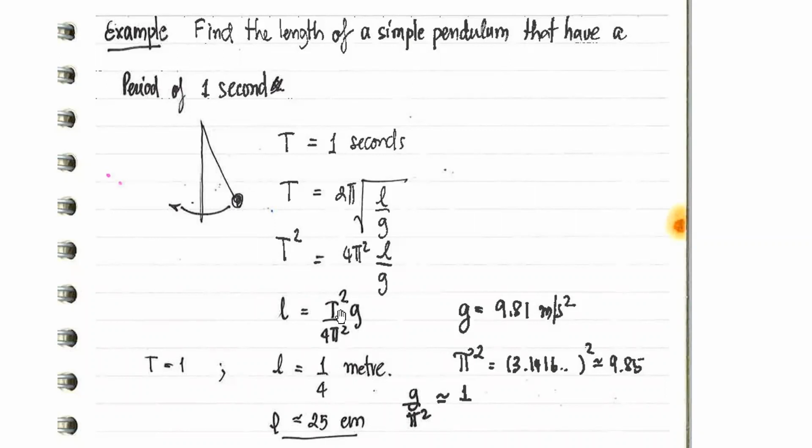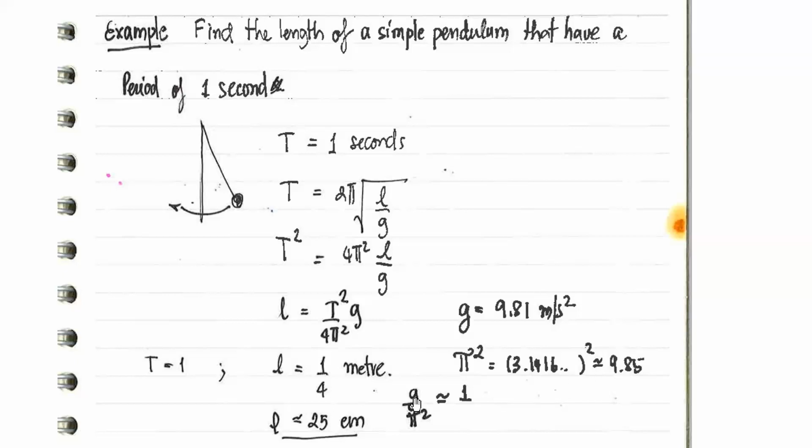And we get L is T squared g over 4 pi squared. And then T is 1, so you get 1 here. Now g is 9.81 meters per second squared, and pi squared is about 9.87, and it turns out to be around 9.85.